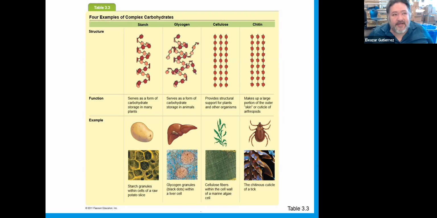The truth of the matter is that we all have about 1 kilogram of glycogen in our bodies. Half of it is stored in the liver, the other half is stored in the muscles. Why?